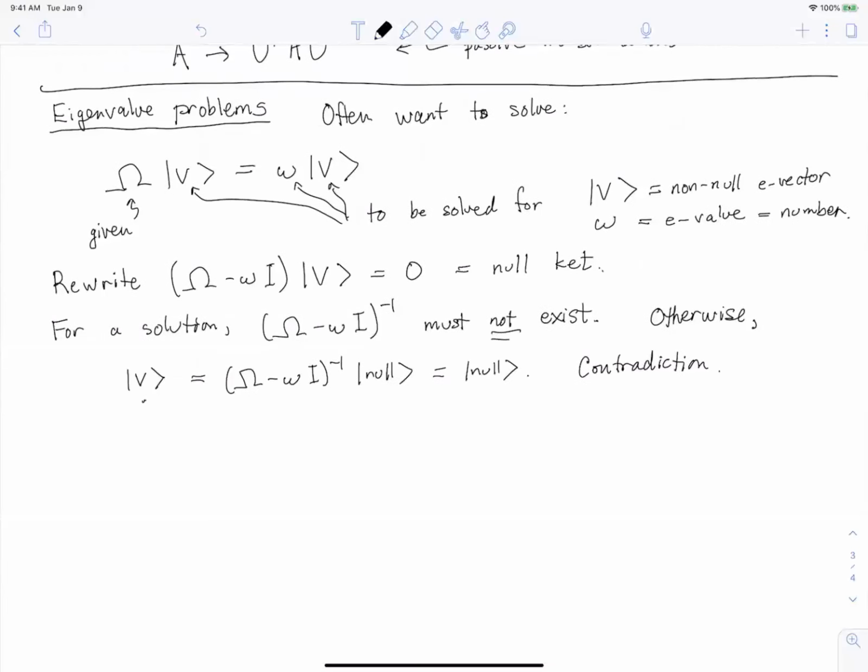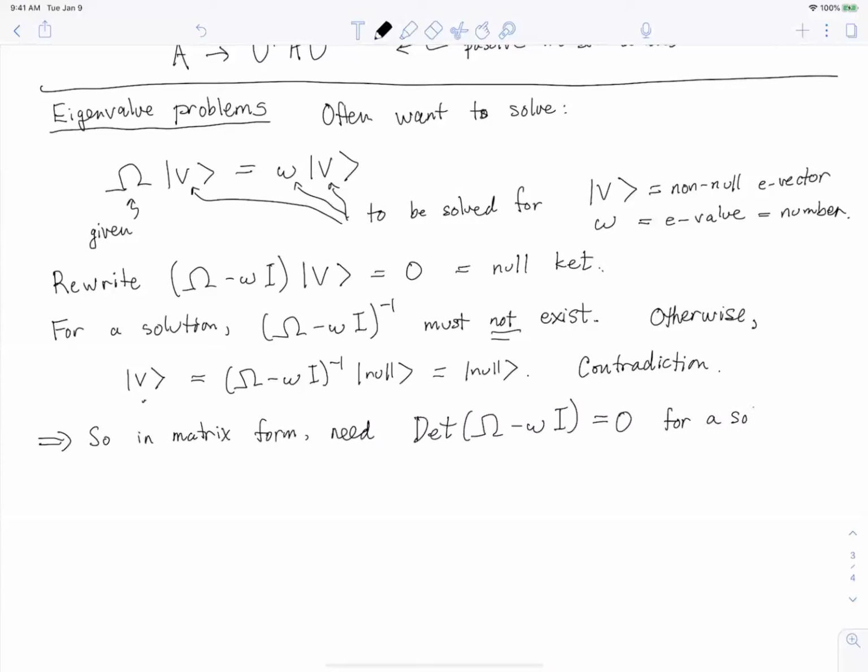So the inverse of this operator capital omega minus little omega I must not exist. And that implies from linear algebra that if you go to the matrix form for it, what you need is for the determinant of omega minus little omega times the identity to equal 0 if you're going to have a solution. Otherwise, there will be no solution, and you're done.